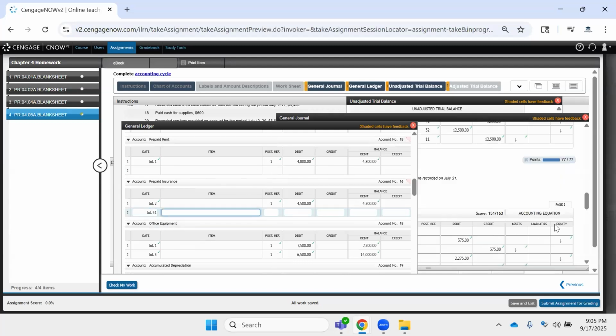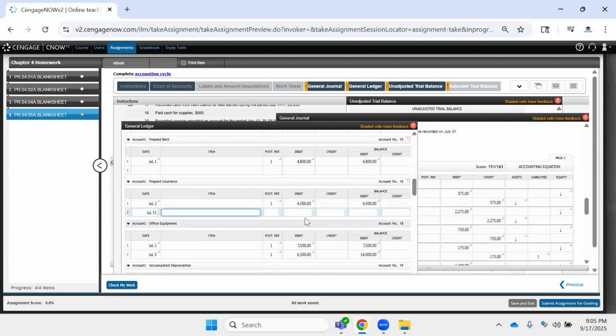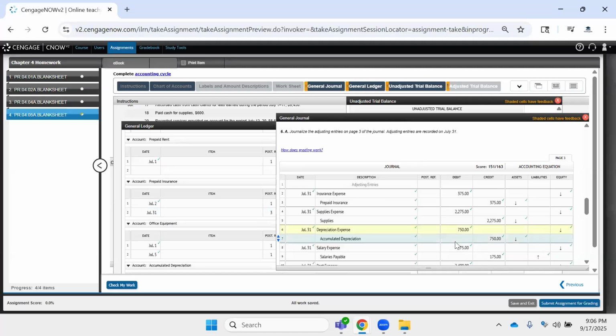Our prepaid insurance entry was $375, and that was expiring, some of it. Posting reference, this is all page 3 of the journal, and then on our prepaid insurance entry, that's going to be 16 because that's our account number.